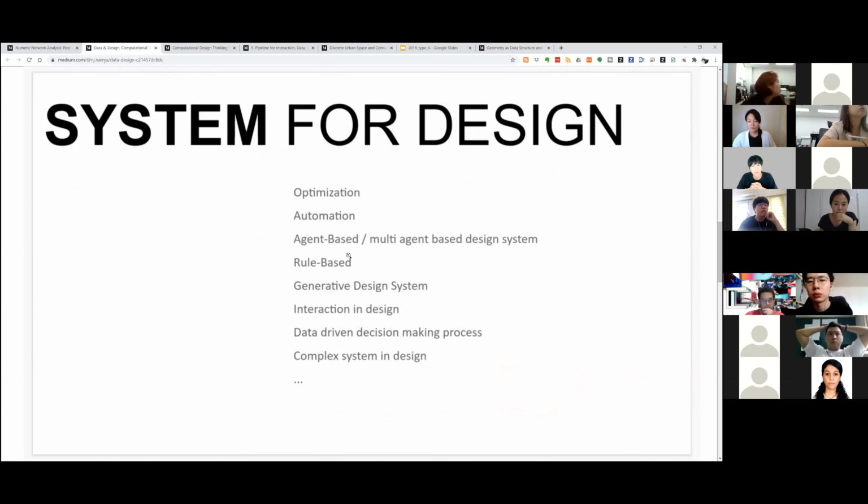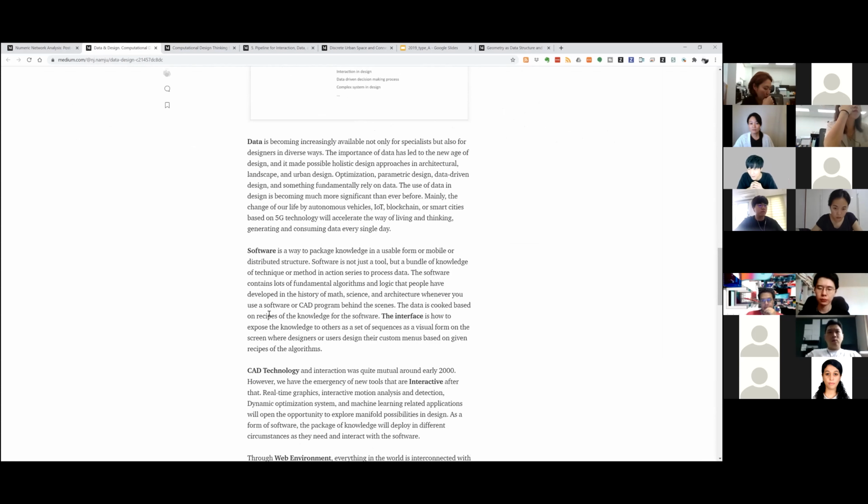And then the most important thing is that I have the other question. What is the definition of software for you guys? Some of you may think about Rhino or Photoshop or 3ds Max or Maya. This is one of the software, but I think this is a very poor understanding of software.